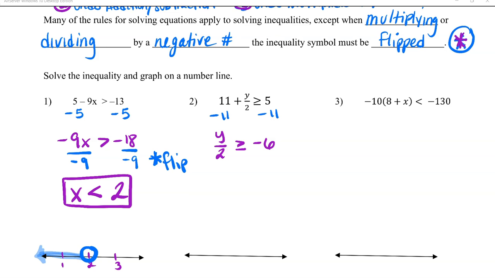Right now we're dividing the variable by 2, so then we'd want to multiply both sides by 2. So we get y is greater than or equal to negative 12.